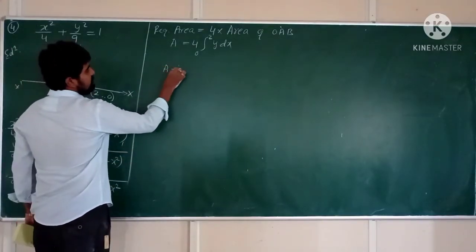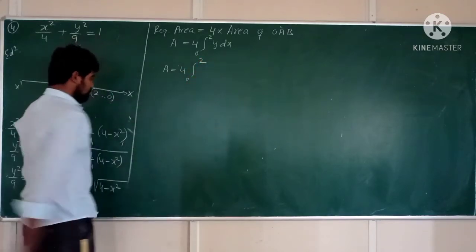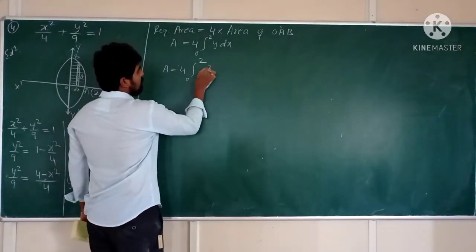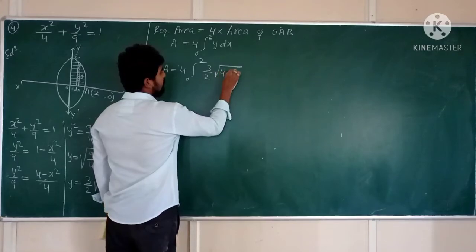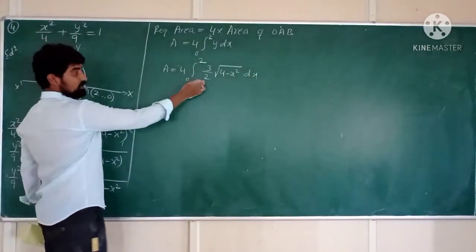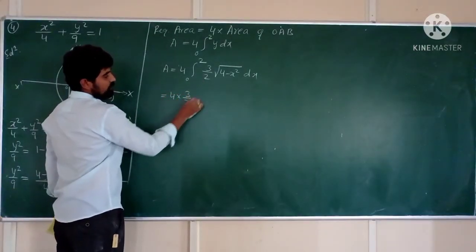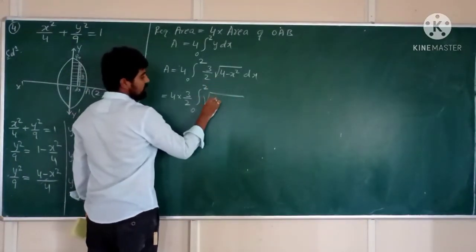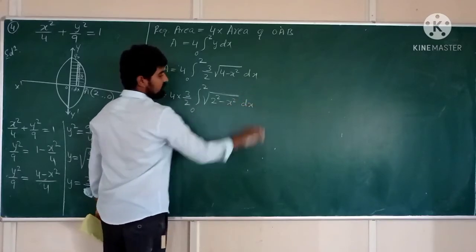Therefore area is equal to 4 times the integration from 0 to 2. The value of y is 3 by 2 into the square root of 4 minus x square with respect to x, dx. 3 by 2 is a constant, taken outside the integral. 4 into 3 by 2, integration of 0 to 2, square root of 4 can be written as 2 square minus x square dx.